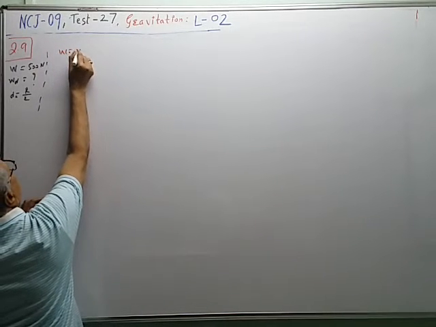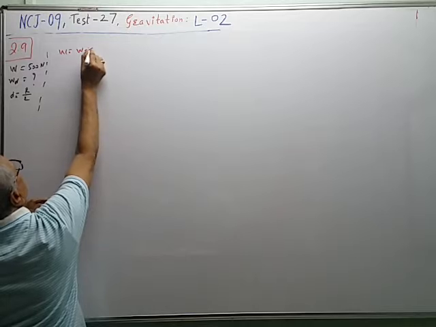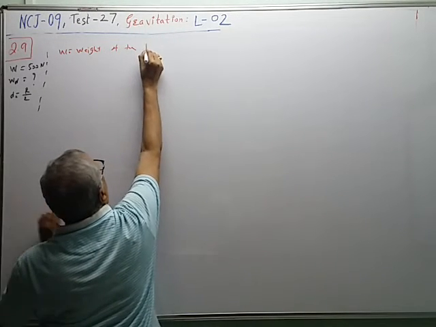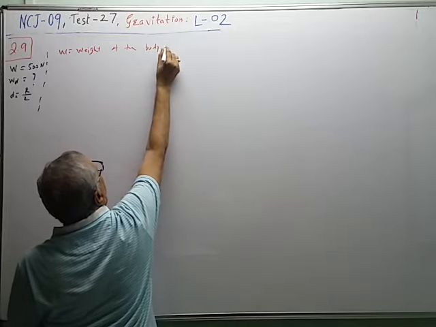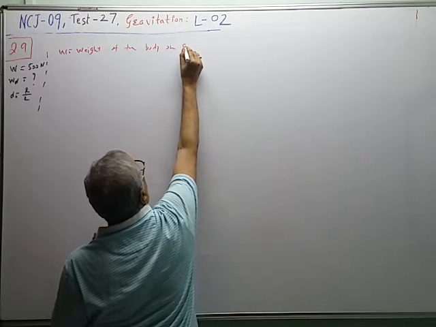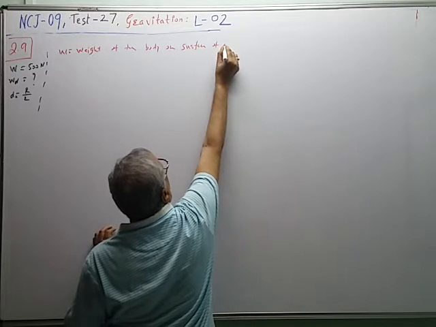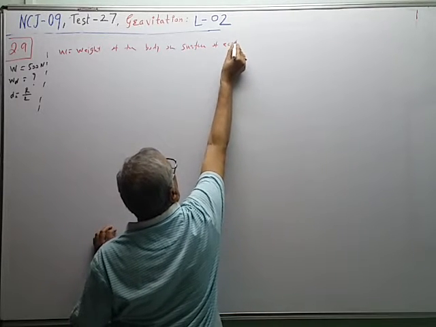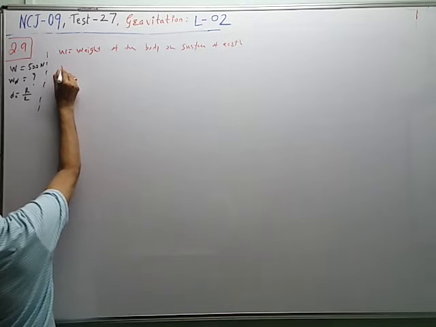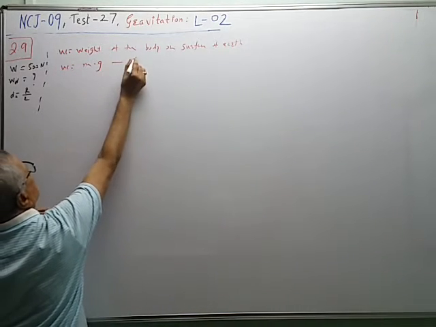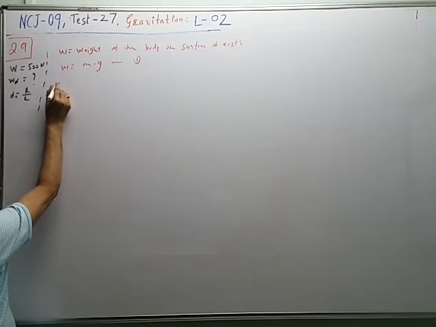W is equal to weight of the body on the surface of Earth. So W is equal to M into G. This is equation 1.